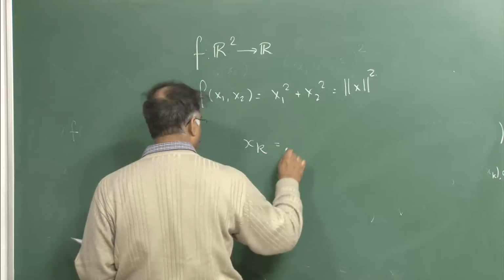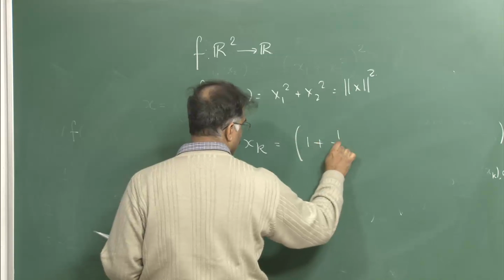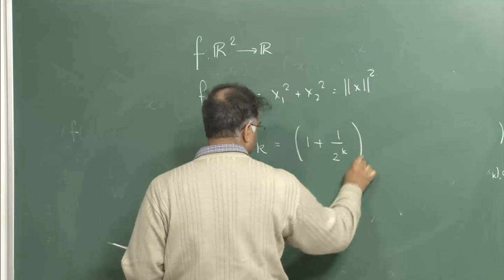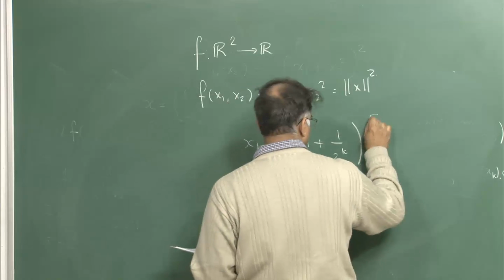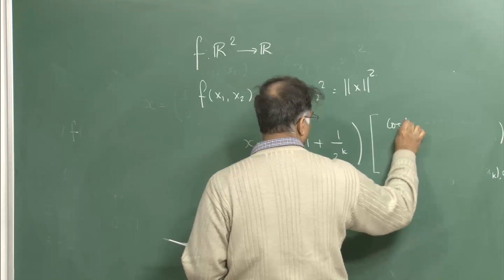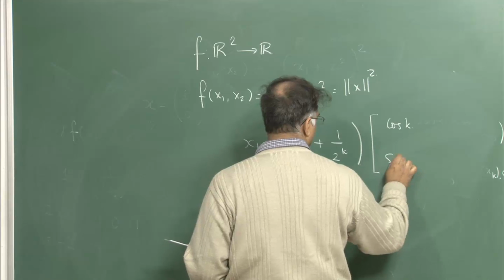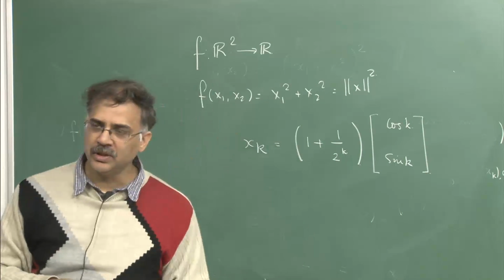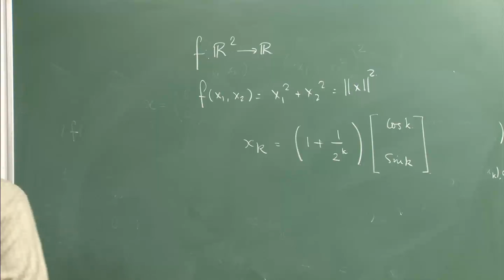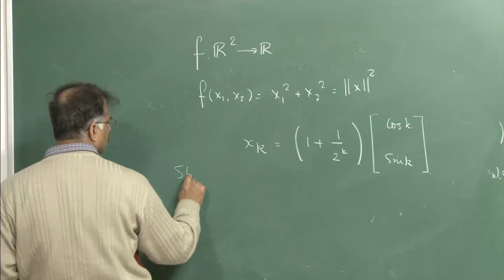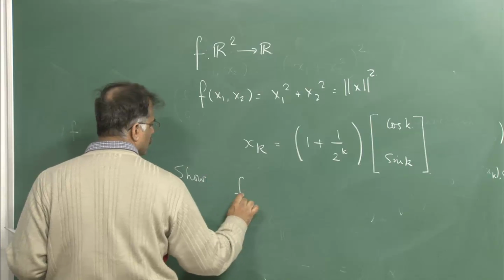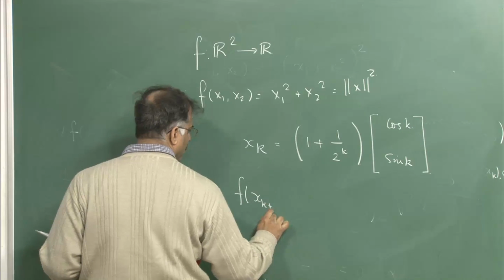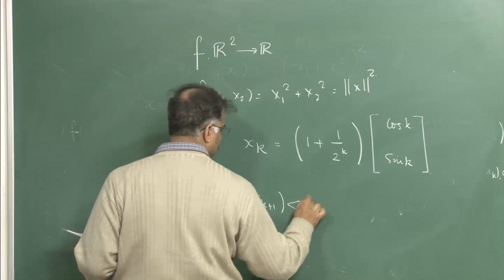Let the kth iteration be of the form, into cos k and sin k. What I am asking is to show that this also we can discuss tomorrow after we discuss the steepest descent method.